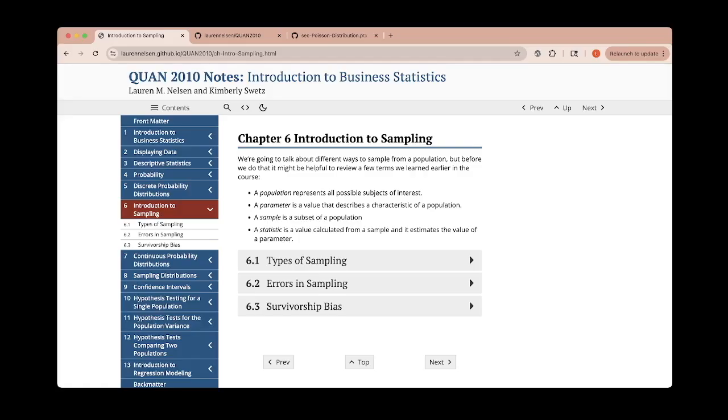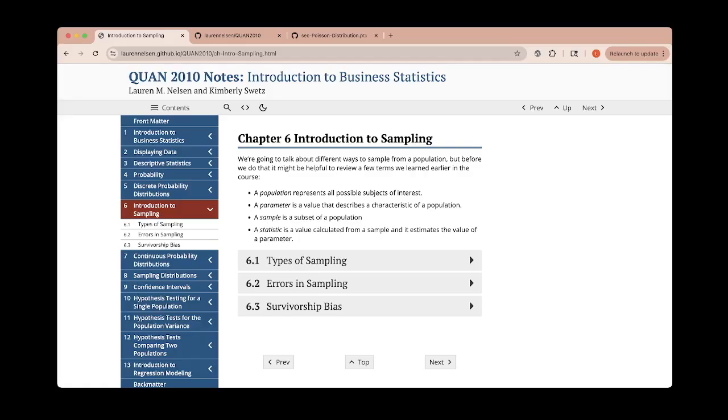And a parameter is a value that describes some characteristic of the whole population. So maybe if I'm looking at average commute time of students, if I was able to find the average commute time for all students on campus, that would be a parameter. And a sample is some subset of my population, so maybe just people in our class would be a sample.